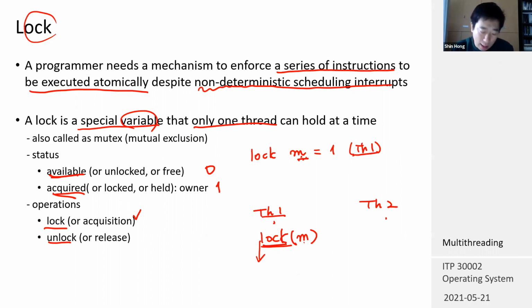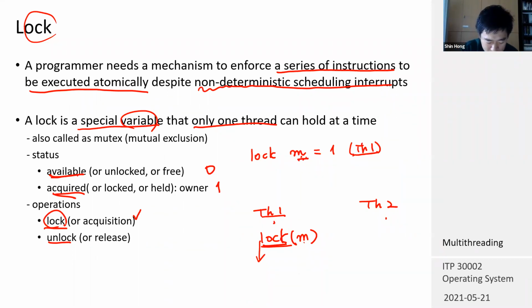I mean, this operation itself provides the functionality of mutual exclusion, because it guarantees that a series of different steps happen at the same time, atomically.